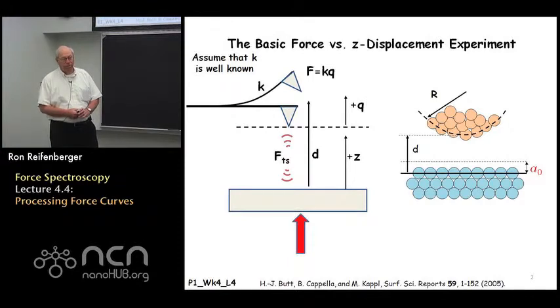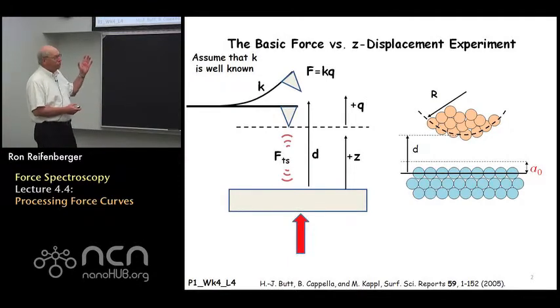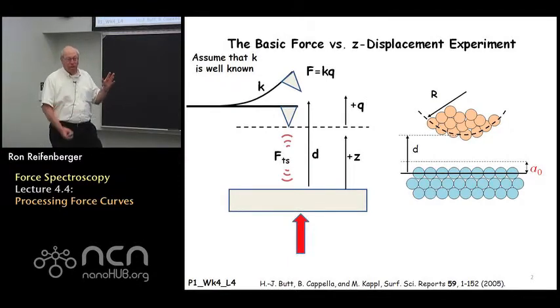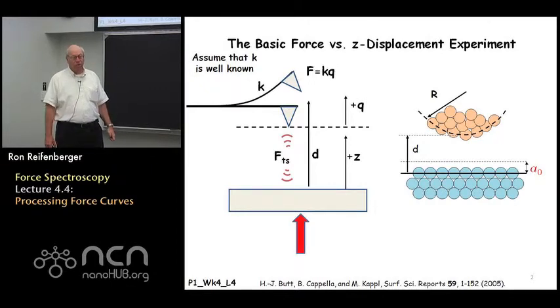So let me first again show this standard picture that defines the coordinate system that we're going to use. This describes the basic force versus z-displacement experiment. Once again, you control z, your AFM adjusts z in a systematic way.